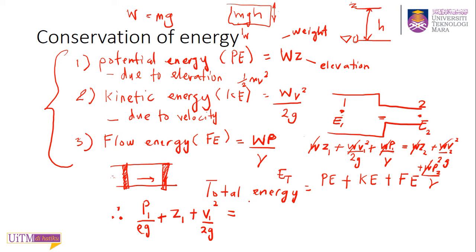You have your P2 over rho g, plus you have your Z2, plus you have your V2 squared over 2G. It's the same, just the same. I just arrange it so that the flow energy is at the beginning, and then your potential energy and your kinetic energy.